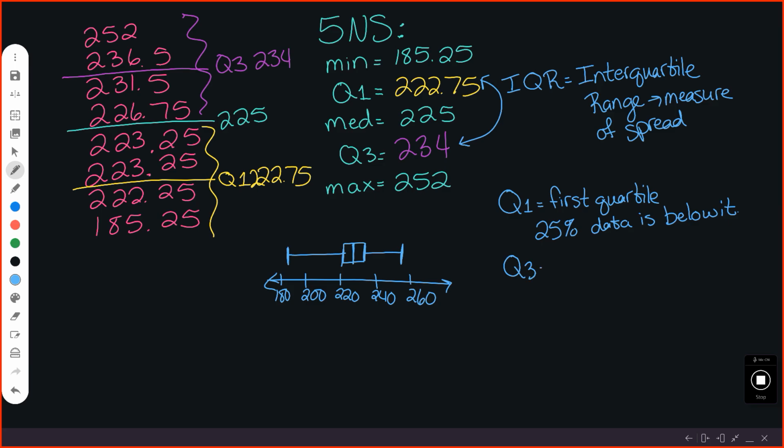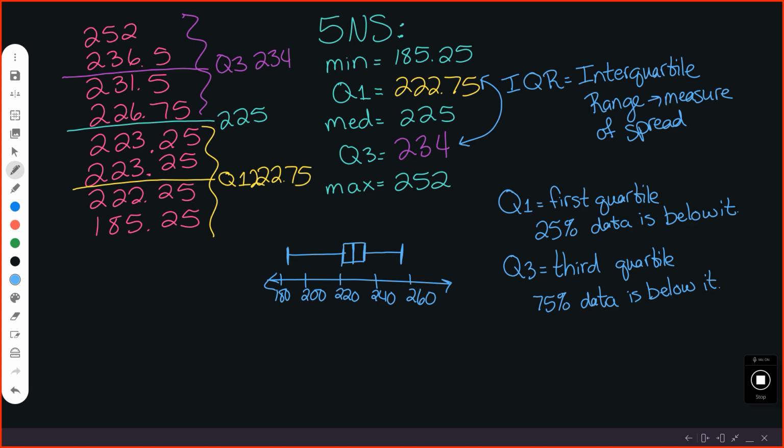Q3 is called the third quartile. And that means 75% of the data is below it. So I want you to think about why we don't have a Q2. And we'll talk about that next class.